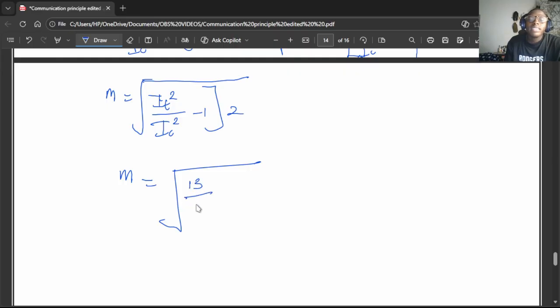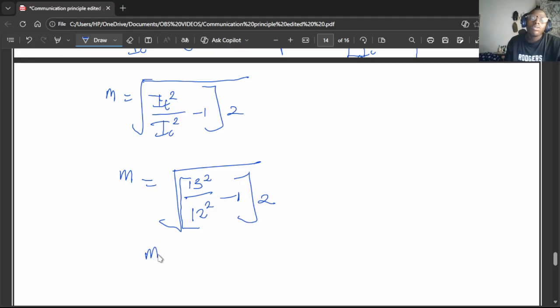So you have 13 square, because of the square we have here, divided by 12 square, minus 1, into 2. So 2 is multiplying everything here. Now, after getting what you have here, you multiply it by 2, and you take the square root of your answer.